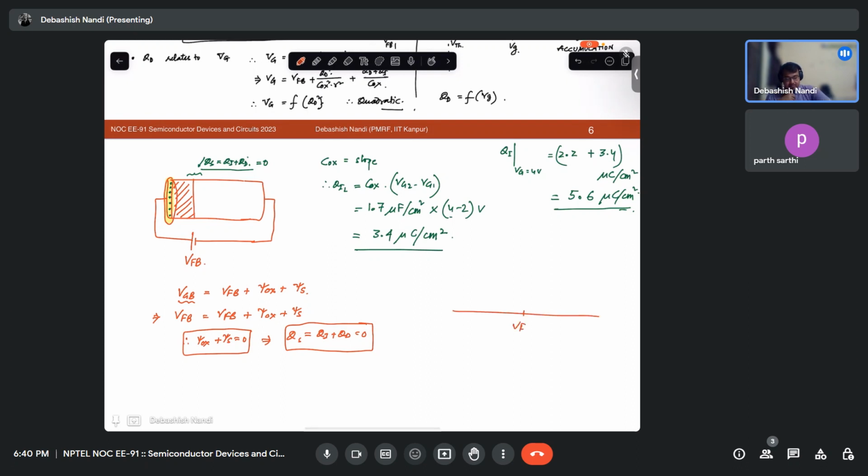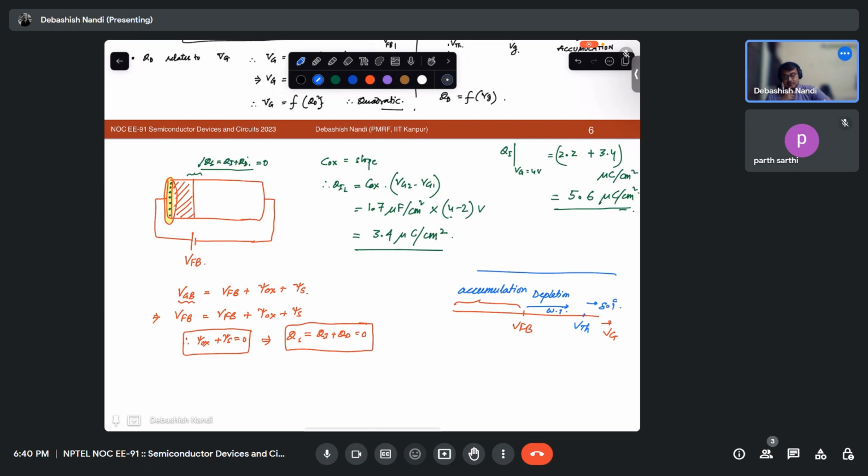So if this is VFB and this is, let's say, VG, at this place what region will I have? I will have accumulation, right? And beyond that I will start to get depletion, then weak inversion, then after VTH I will get strong inversion.